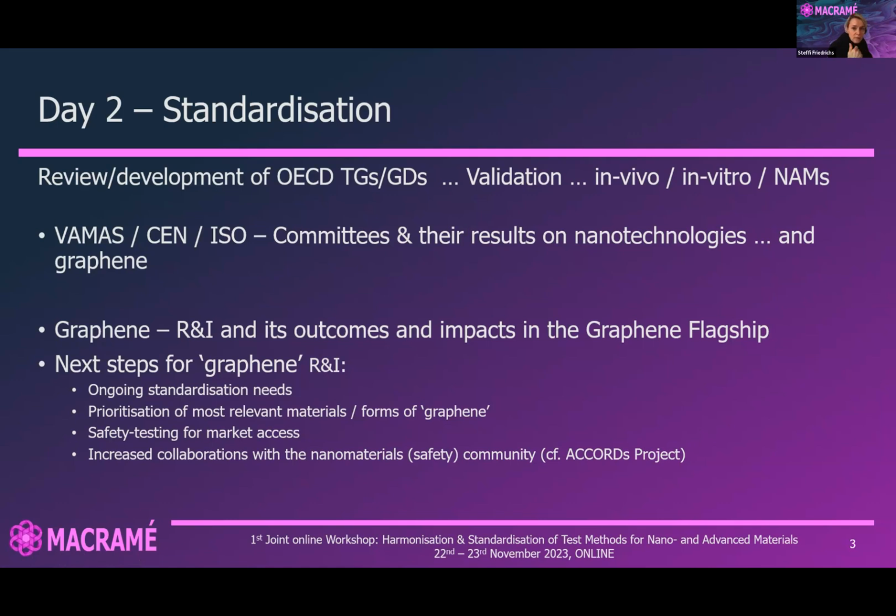So there are ongoing standardization needs, and they are as trivial, in inverted commas, as dosimetries and dispersion protocols, in order to then look at if test guidelines need to be changed and how test guidelines need to be adopted in order to then do the reliable and reproducible safety testing at the OECD level.